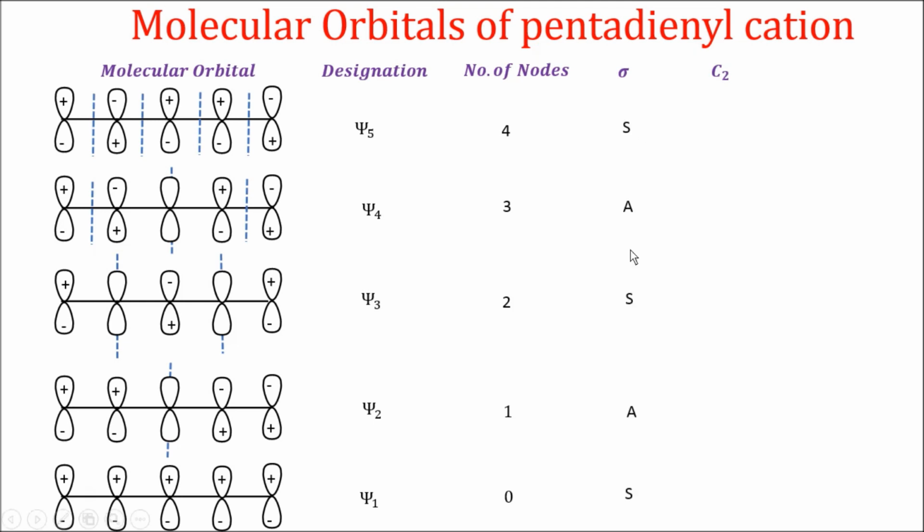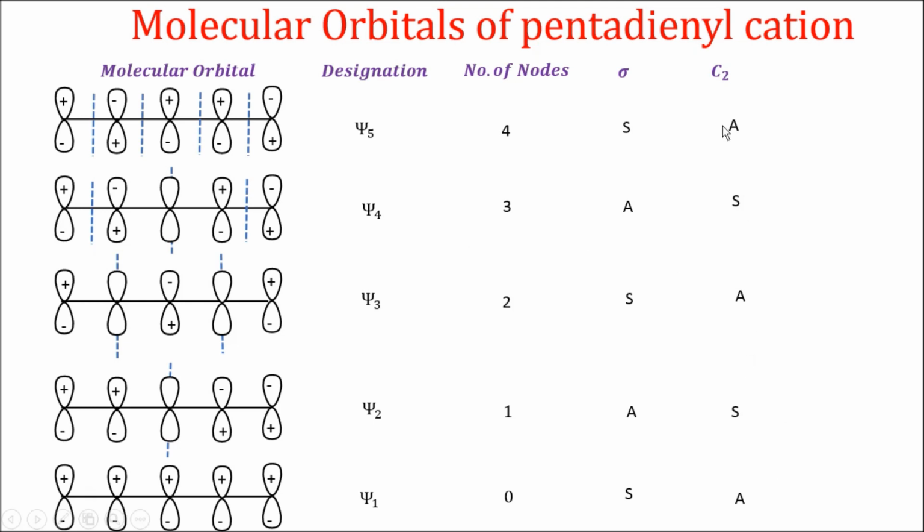That means psi1, psi3, psi5 are symmetric and the even numbers are asymmetric. For C2, molecular orbitals with even number designation are symmetric, that means psi2 and psi4 are symmetric, and the remaining are asymmetric.